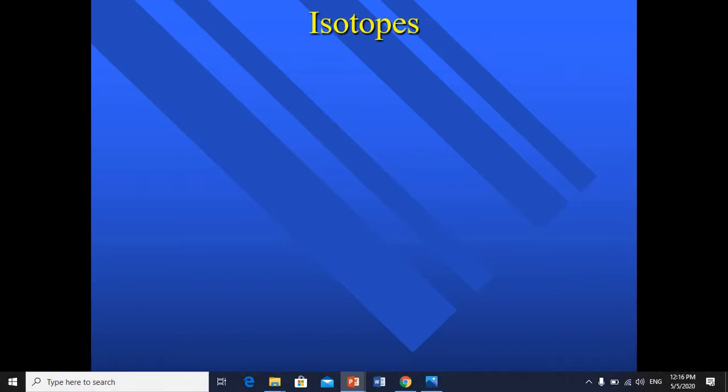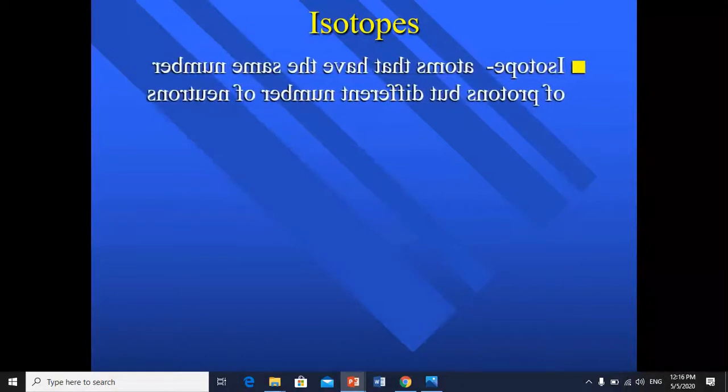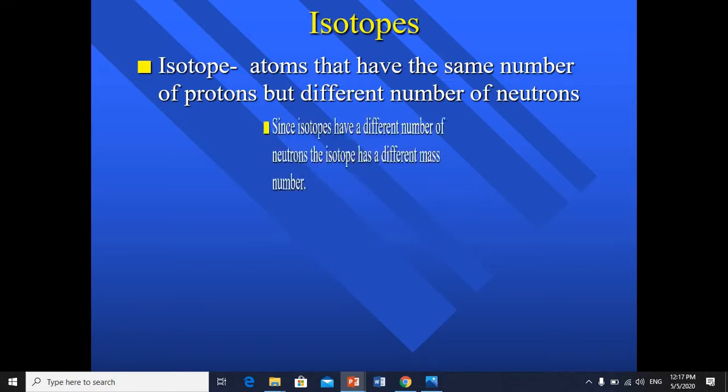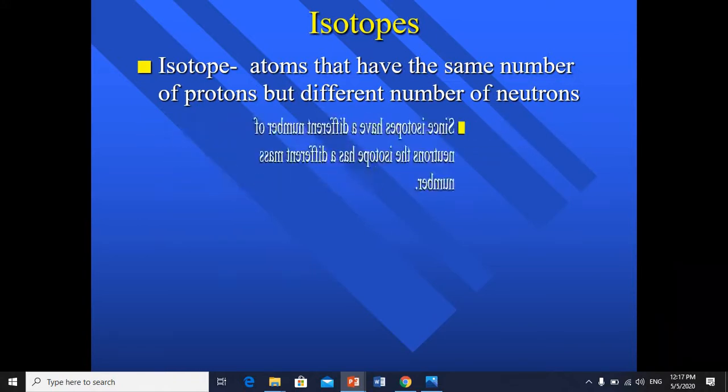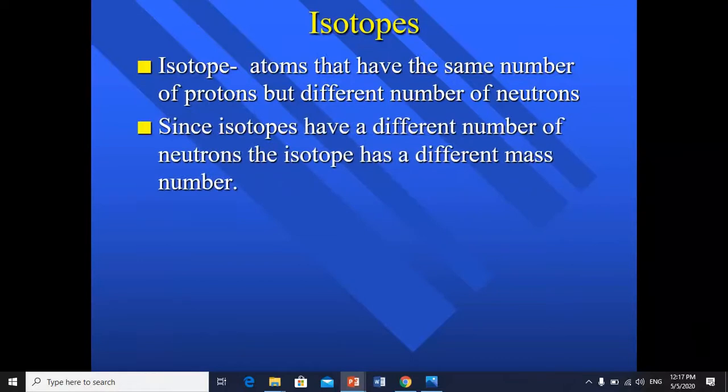What's the meaning of isotopes? Isotopes are atoms that have the same number of protons and a different number of neutrons. Since isotopes have a different number of neutrons, they have a different mass number too.